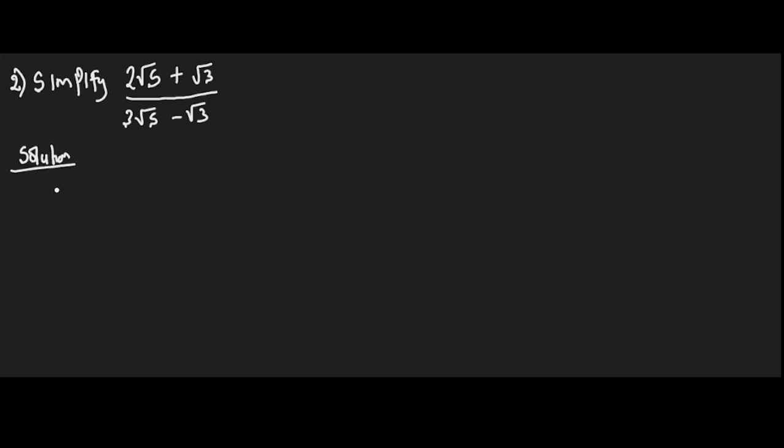Now, we are going to have 2 root 5 plus root 3 all over 3 root 5 minus root 3. We are going to multiply the numerator and denominator by the conjugate. That is, the conjugate is going to be 3 root 5 plus root 3 all over 3 root 5 plus root 3.